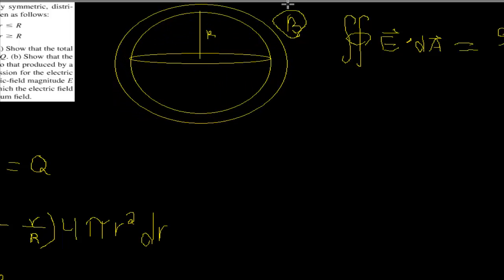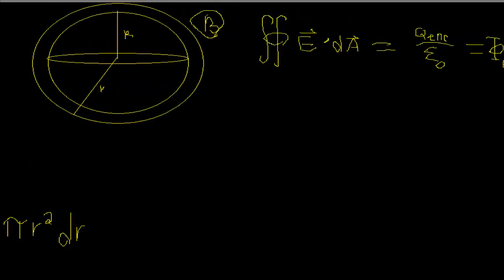So we draw that. That is our imaginary Gaussian surface, and it has a radius of little r, our arbitrary r. And if we find the amount of flux, the amount of electric field going through this Gaussian surface, it'll always be equal to the charge enclosed divided by epsilon naught.